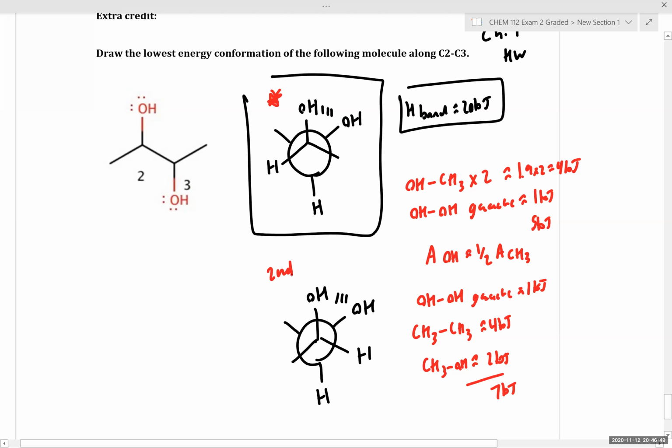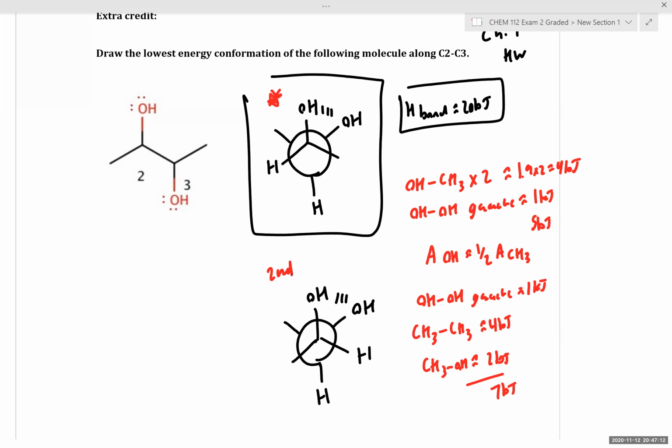As long as you drew the alcohol's hydrogen bonding, I gave you the majority of the credit. Does that make sense? A hydrogen bond is 20 kilojoules, so it completely obliterates any energy savings that you get by putting your alcohols anti to each other. Pretty cool, right?